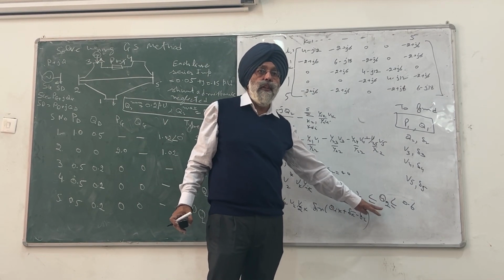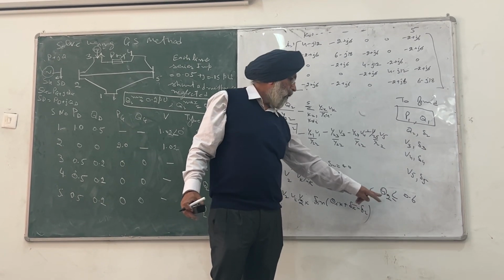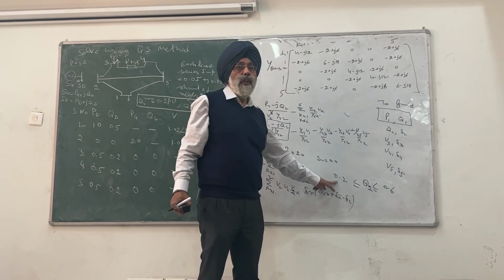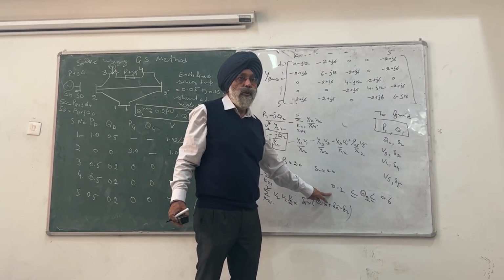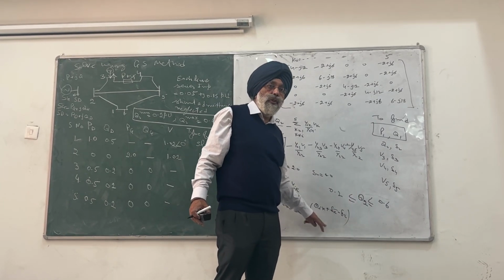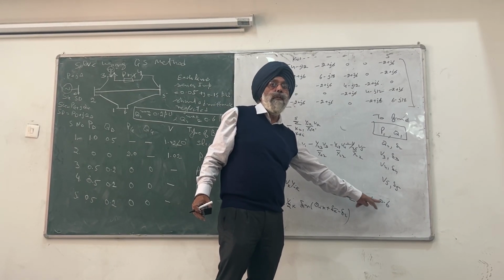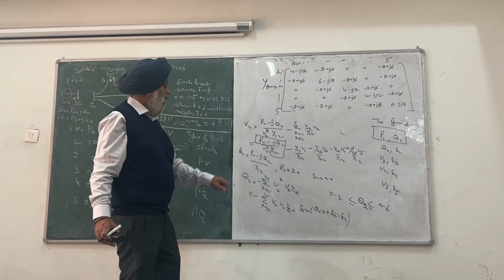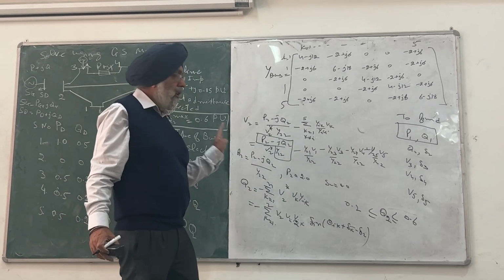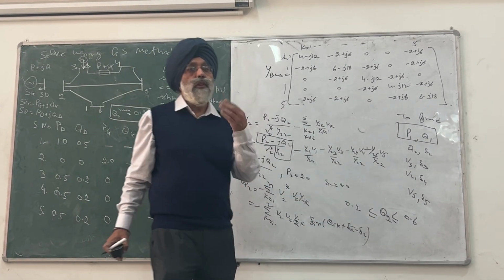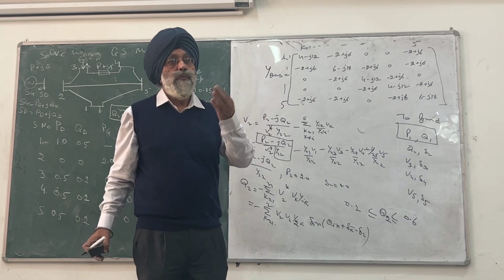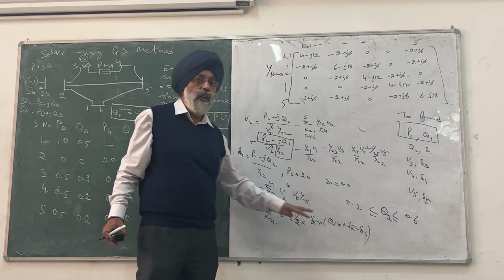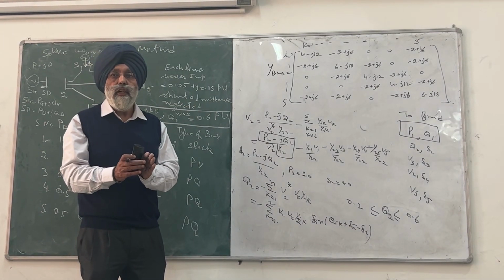If it is violating the limits, then fix the value. If the Q2 calculated value is less than 0.2, then make Q2 equal to 0.2. If the calculated value of Q2 is greater than 0.6, then make this value 0.6. If you are fixing the values, then P2 is already fixed and Q2 you are fixing now, so the type of the bus will change from PV to PQ bus. If the calculated Q2 is within the limit, then it's okay.